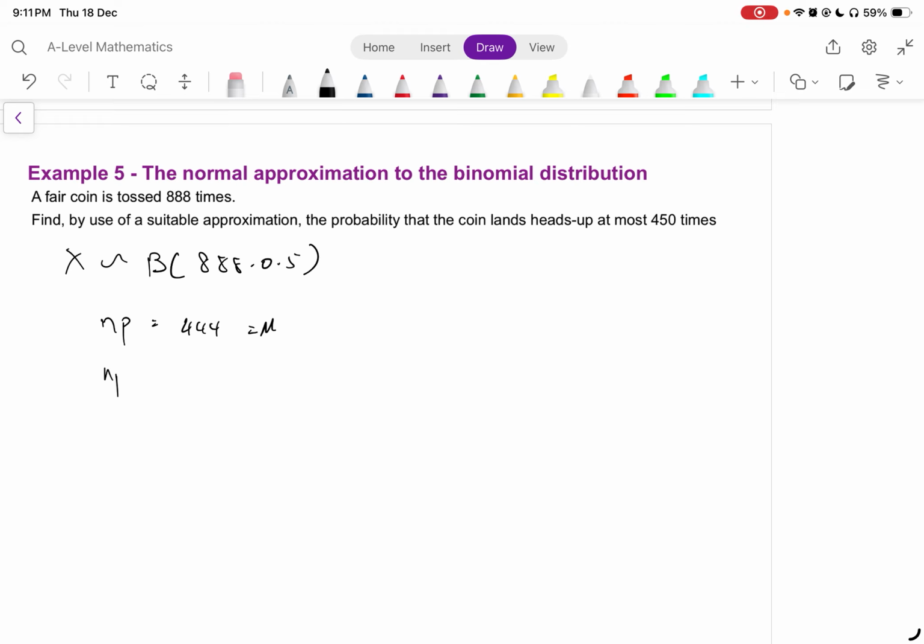If we take npq, which is our variance, what will it be? It is 222. So what is the normal distribution here?